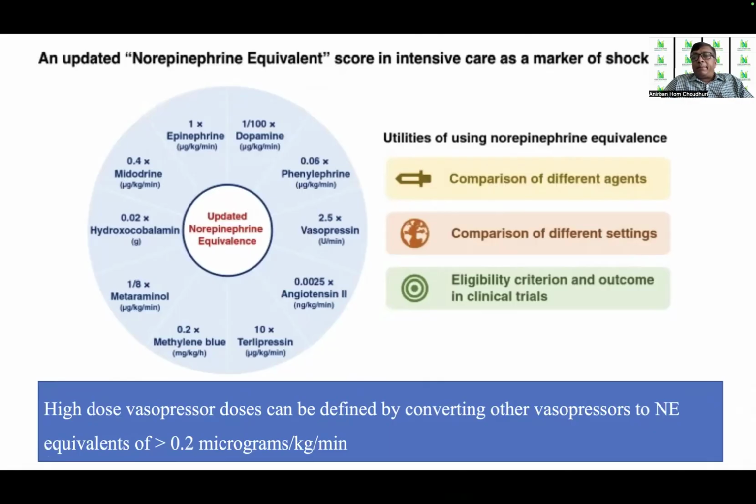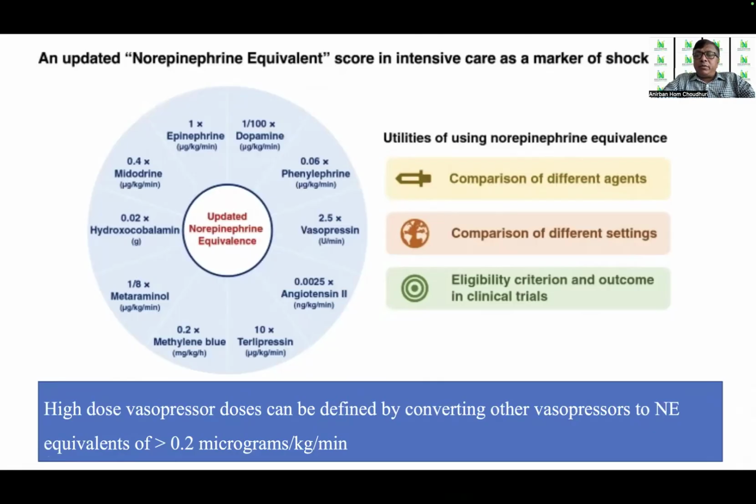Whereas some people say that if the dose is too high, the afterload requirement is so high that it can produce a shock. So that is called the vasodilator induced shock or vasopressor induced shock.